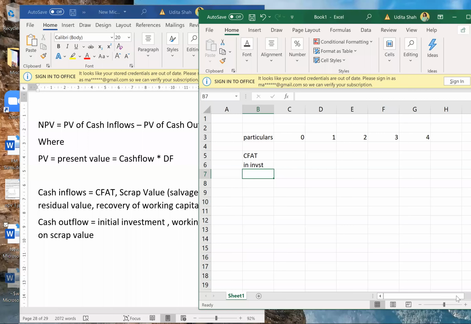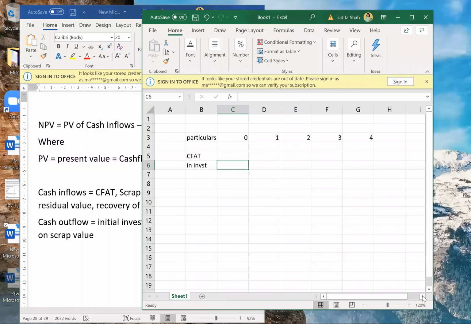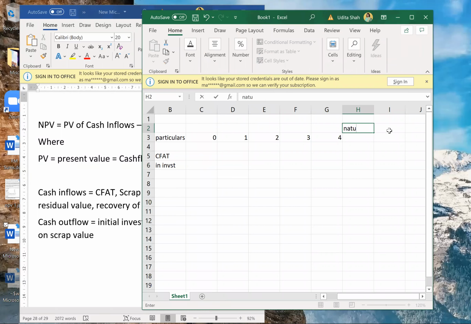Correct? So we had done one more thing last time. I'll do it over here: nature, and which year. CFAT nature: what is the nature of CFAT?